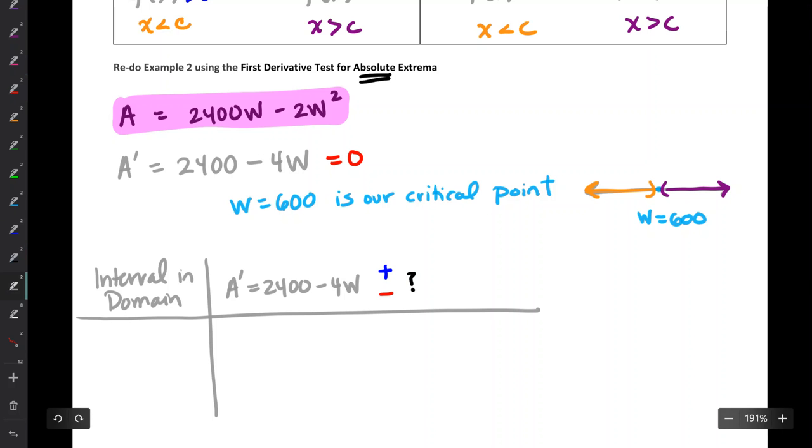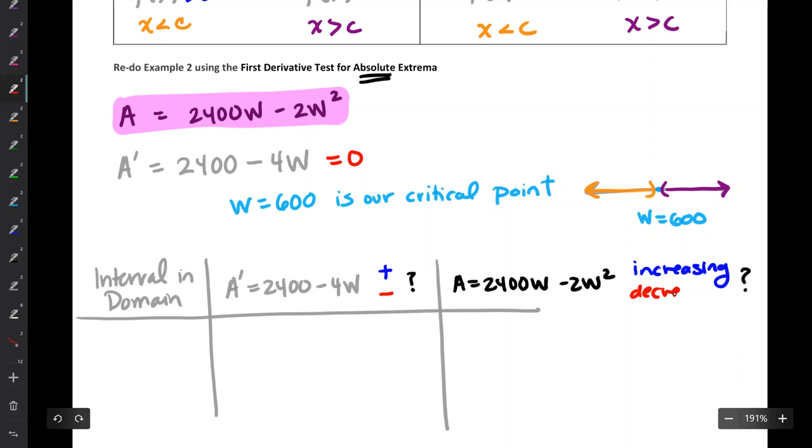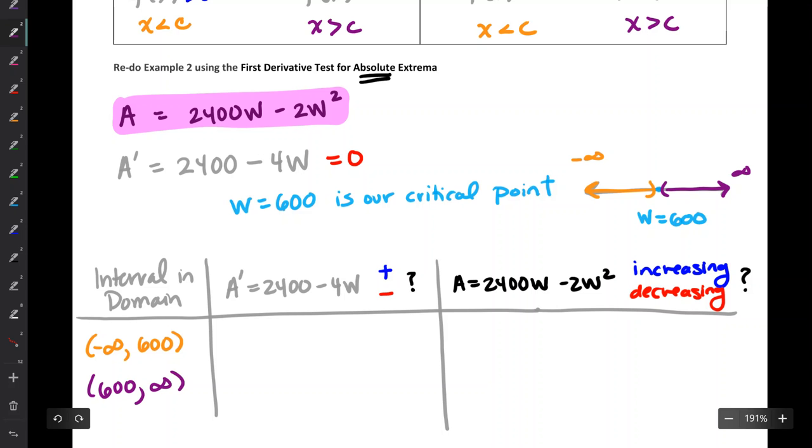That'll tell me if A is increasing or decreasing respectively. Okay, so here are my intervals. Minus infinity up to 600, and then 600 to positive infinity. Those are those intervals.